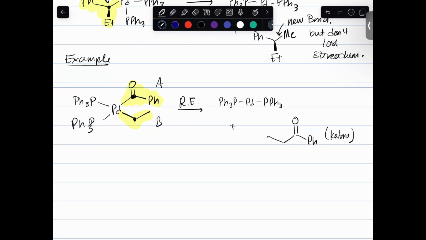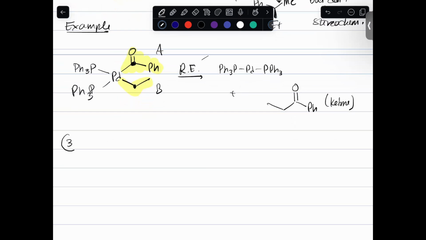So typically, again, the reductive elimination step in the Heck, Suzuki, Stille, or other reactions is the last step, whereas the oxidative addition is typically the first step. And so we'll go over all of those mechanisms and start labeling everything. But these are probably the two most important steps.